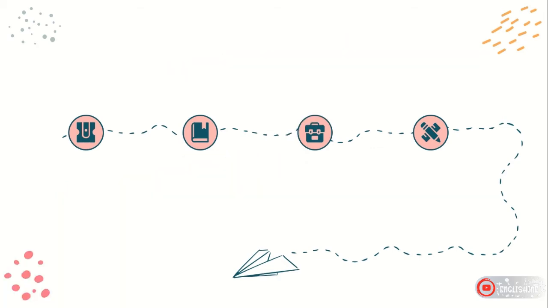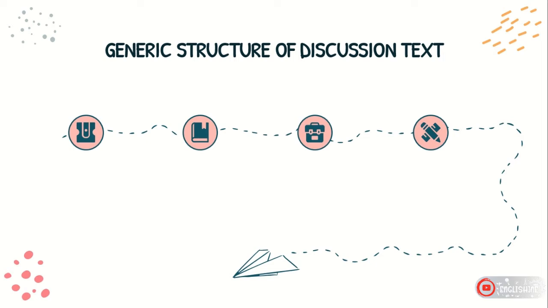And after this, I'm gonna explain about the generic structure of discussion text. In the generic structure of the discussion text, it can be seen from the main idea in each paragraph in the discussion text. The discussion text has four generic structures that are issues, supporting points, contrasting points, and conclusion or recommendation.